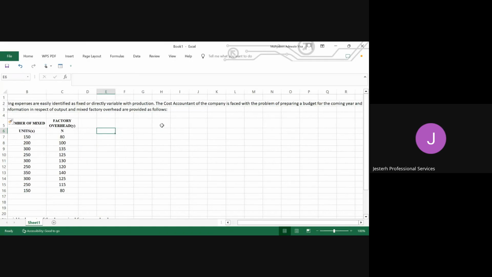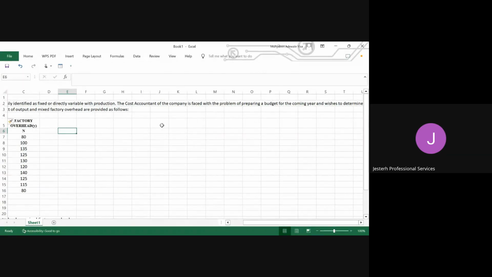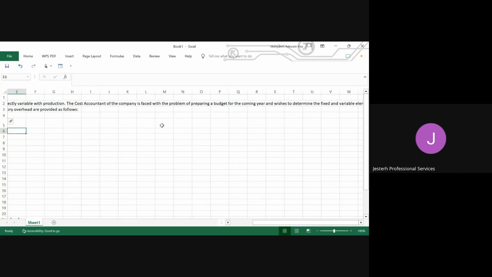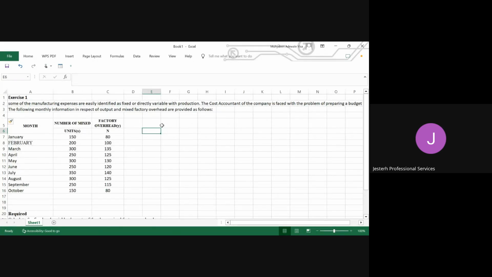The cost accountant of the company is faced with the problem of preparing a budget for the coming year, and wishes to determine the fixed and variable elements of the factory overhead. The following monthly information in respect of the output and the mixed factory overhead is provided as follows.